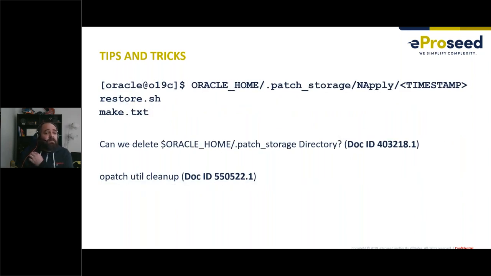As I mentioned before, sometimes you don't follow the precheck and then you can run out of space. Because of this patch storage directory, since Oracle 10.2, Oracle decided that instead of copying just the affected modules, Oracle copies the entire library.